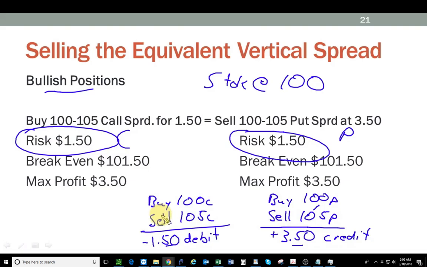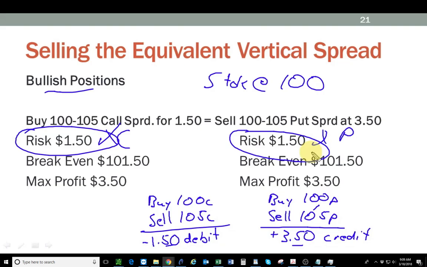And yes, the Fed actually controls margin, and there's Regulation T margin on these. But what's really important isn't the margin, it's the buying power reduction. And the buying power reduction is the actual risk. So if this trade has $1.50 at risk, that's the buying power reduction. So they're actually the exact same trades.